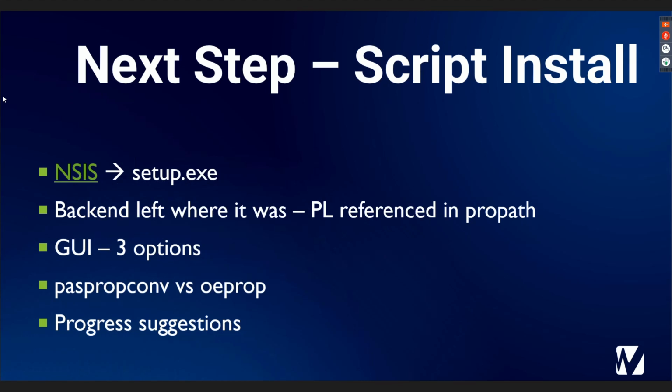Okay. Next, the decision to make was how to do it with the properties on the PASOE. So the broker properties that were before for the classic AppServer and WebSpeed, now OpenEdge properties. In the white paper that I mentioned before, it mentions a tool similar to mergeprop, the PAS prop conversion.